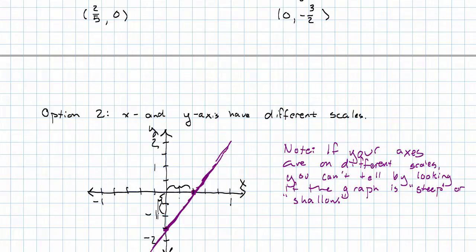Right? 2/5 is much, much less than 2/3. So our graph is kind of stretched out, and we can't really see what's going on with its shape.